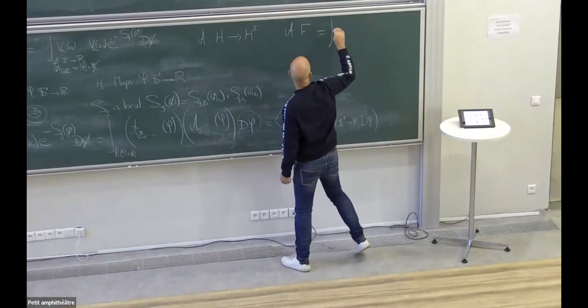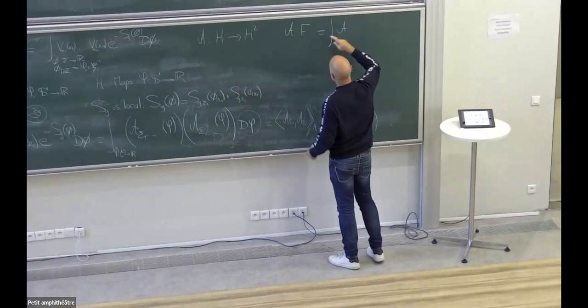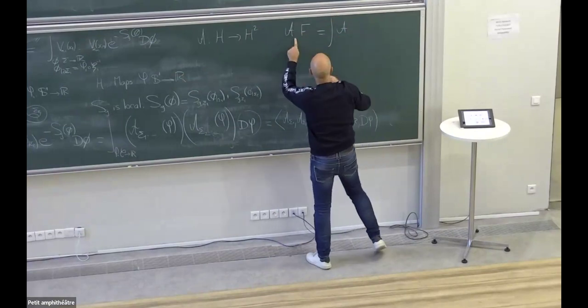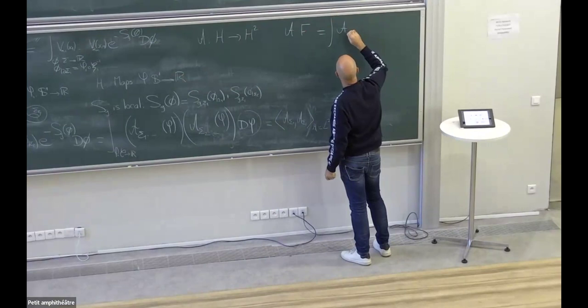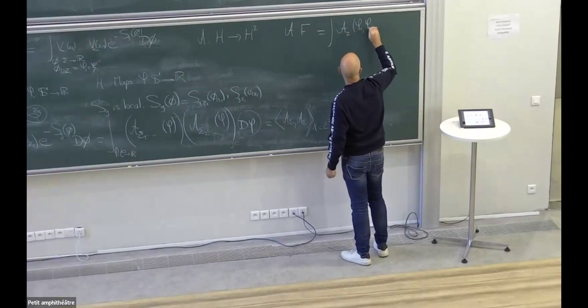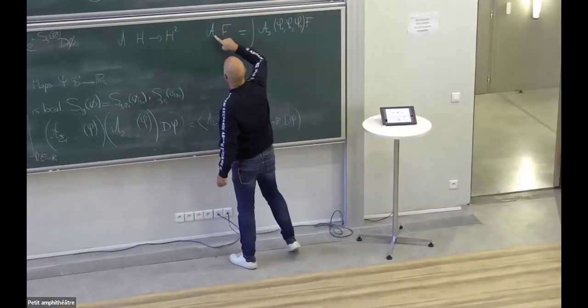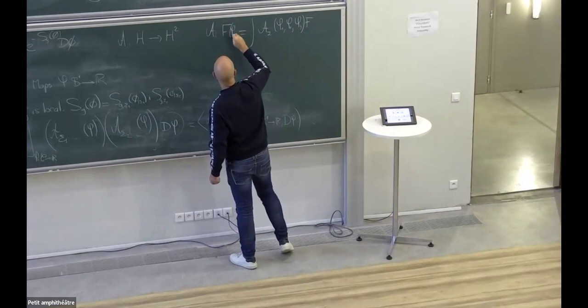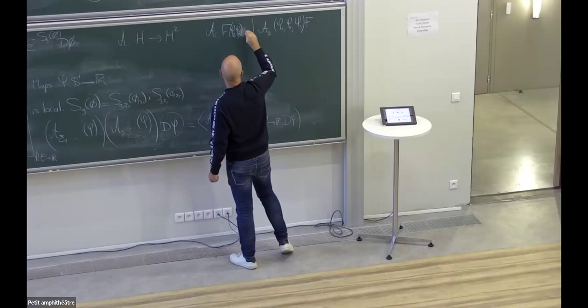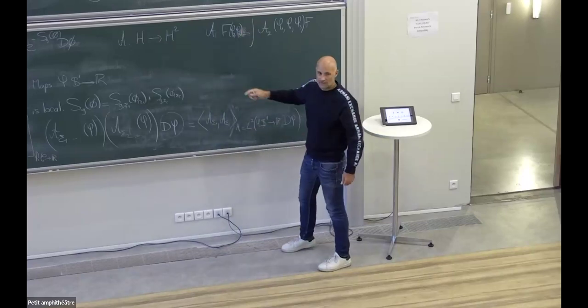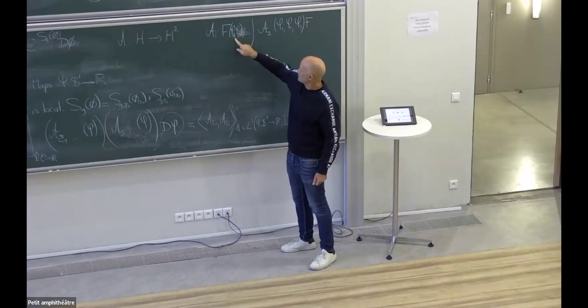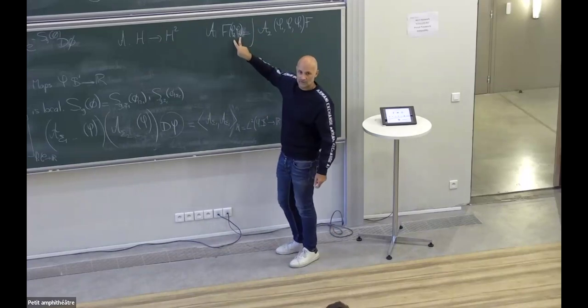Well, this operator maps A of sigma. So there is phi 1, phi 2, phi 3. You apply phi to F. So you need to arrive in the tensor product of H, two times.